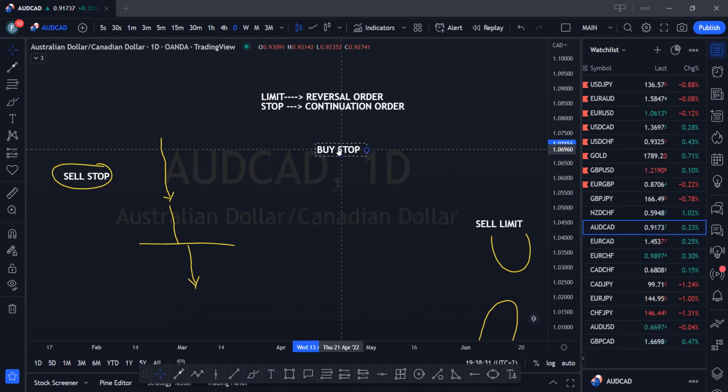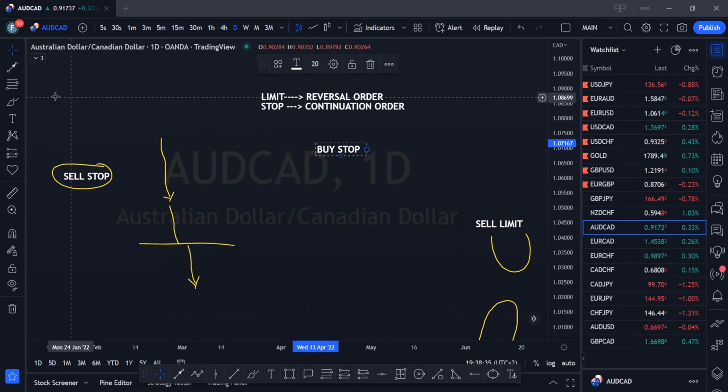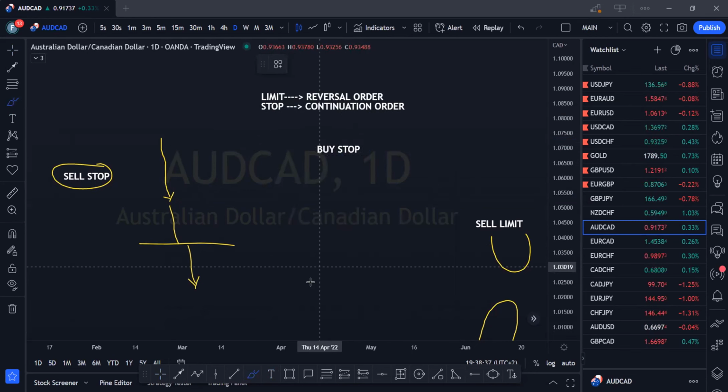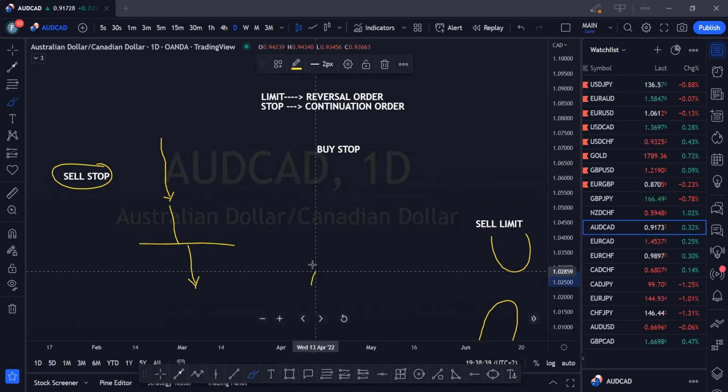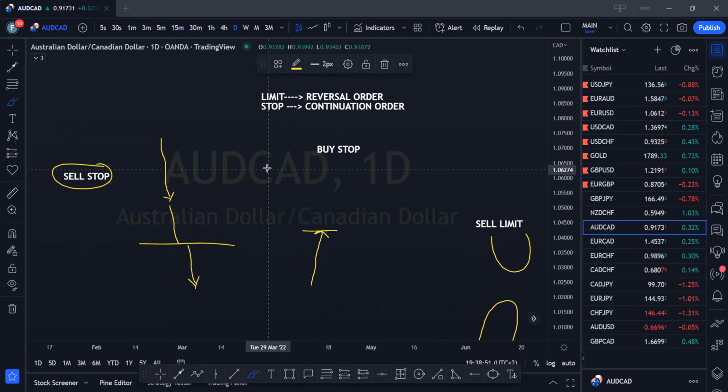For a buy stop, you want to continue the buy. Let's say price is going up. For a buy stop order, you want to set a price above the current market price, somewhere here.